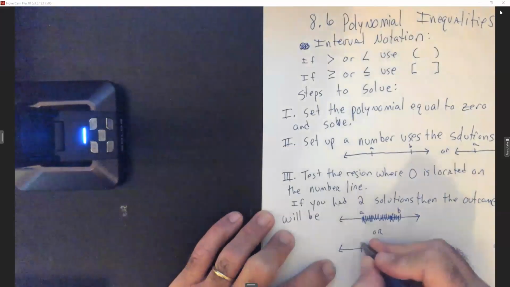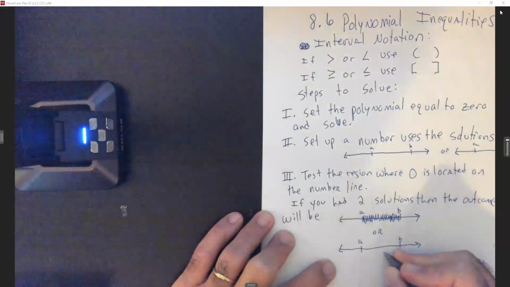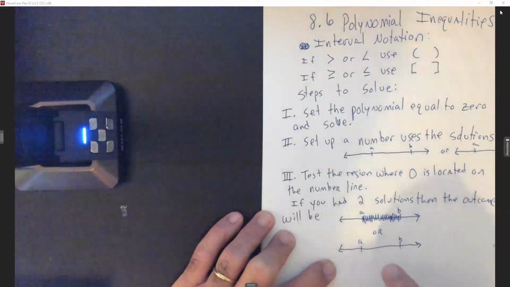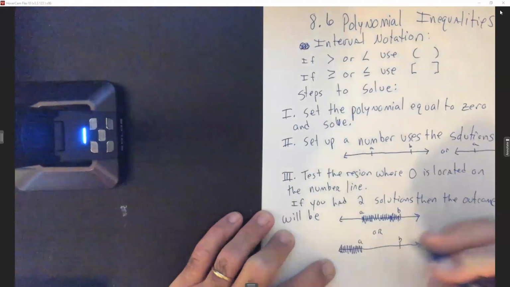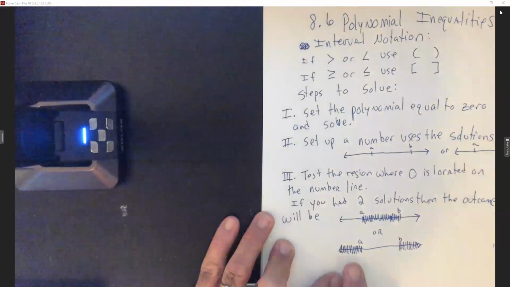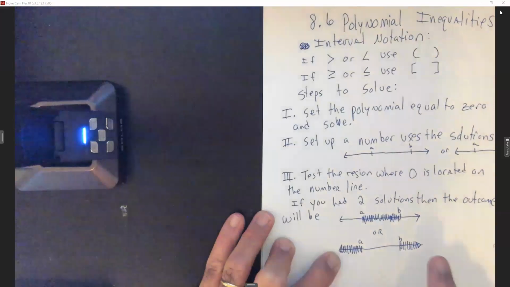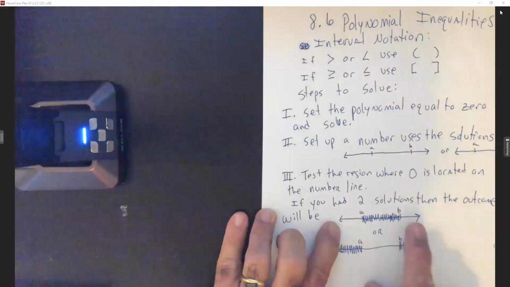If my 0's in the middle and it was false, then that means the two outside edges would be shaded. Okay? So if this is shaded, this will not be shaded. This will be shaded. If this is not shaded, the middle will be shaded, and the other side will not be shaded.